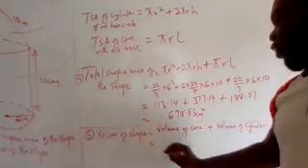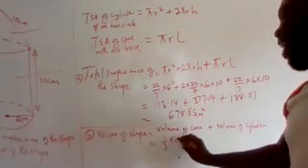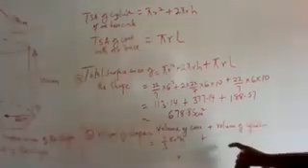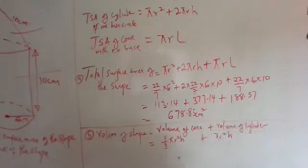And what's the formula for volume of a cone? That is 1/3 pi r squared h, plus the volume of a cylinder, which is pi r squared h. Good.